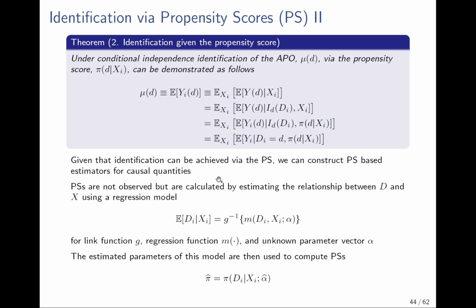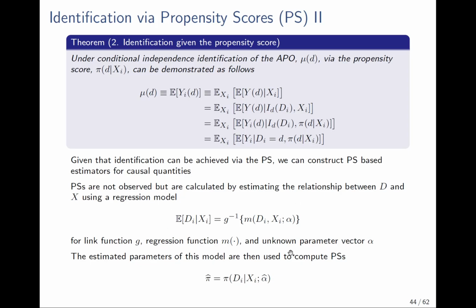So given that identification can be achieved by using the propensity score, that means we can construct propensity score based estimators for average causal quantities. Now propensity scores are not observed, we have to calculate them by estimating the relationship between d and x, and we do that using a regression model. So propensity score analysis involves two steps.